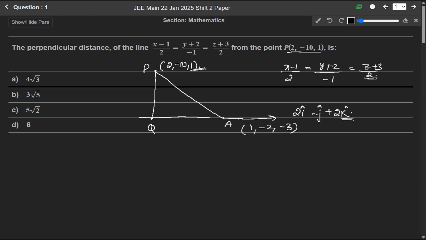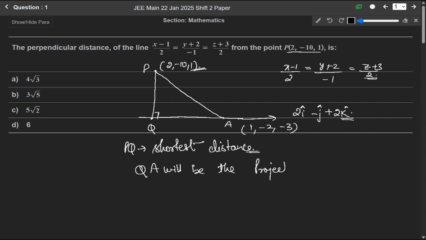So let us say this PQ is the shortest distance. If PQ is the shortest distance, then QA will be the projection of PA on the line. So PA will be minus i cap plus 8j cap plus 4k cap.